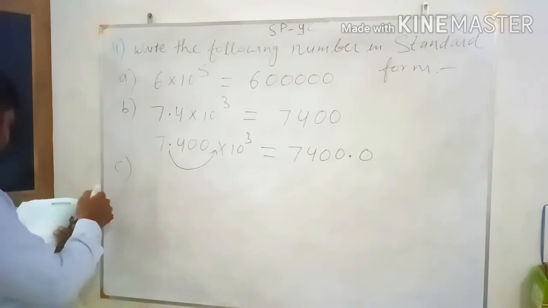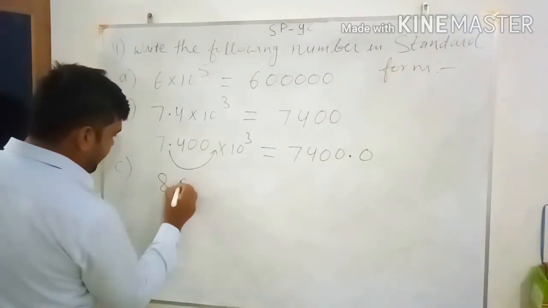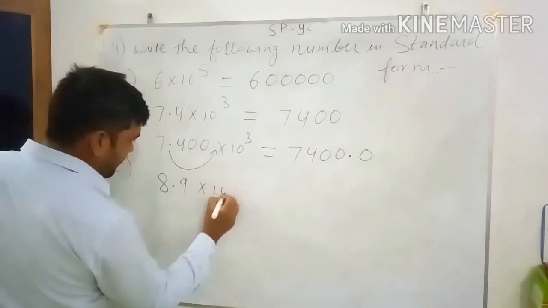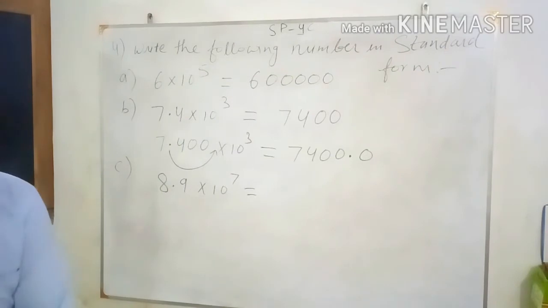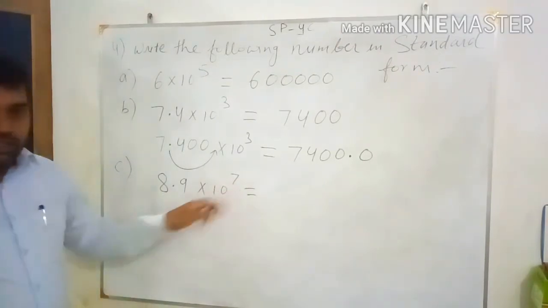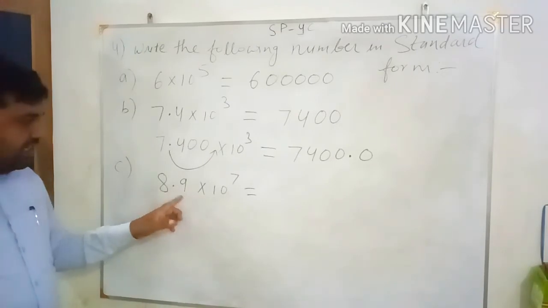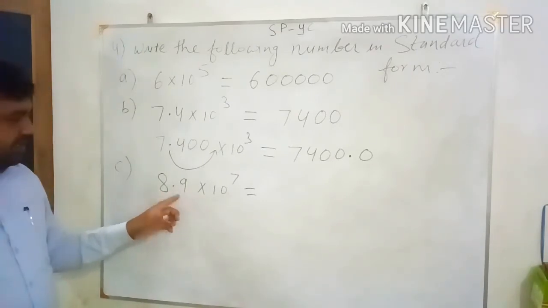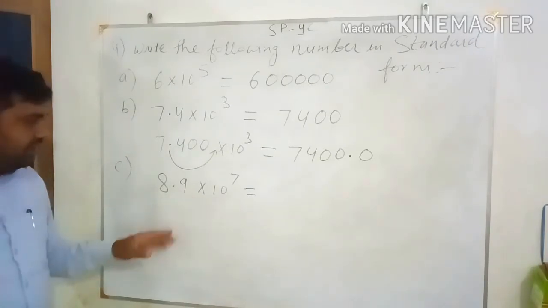Similarly, see 8.9 into 10 to the power 7. Again, as I told you, here the power of 10 is 7. So in the first factor, after the decimal there must be 7 digits. But in 8.9 after the decimal there is 1 digit.